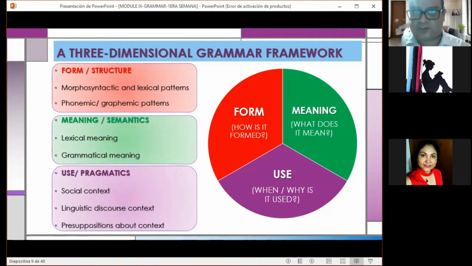I'm talking about structures, patterns, not just rules. And they change because of the social context, the linguistic discourse context, or presuppositions about context. So in general, it's related to the context: the structures and patterns that we use in different contexts. Don't forget about these three dimensions and notice all the aspects involving grammar.